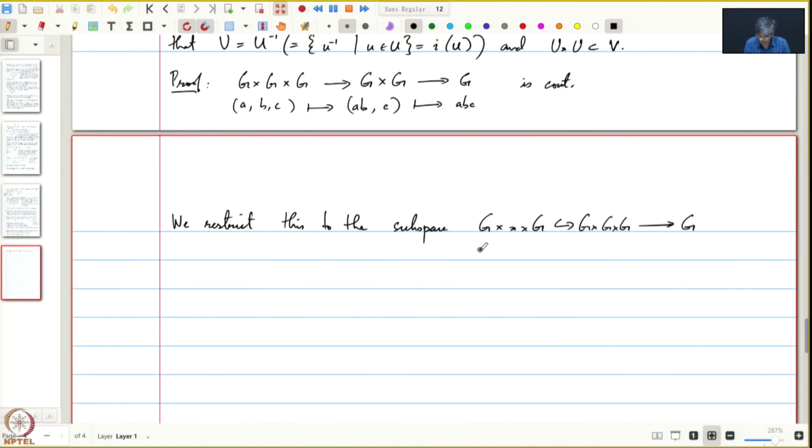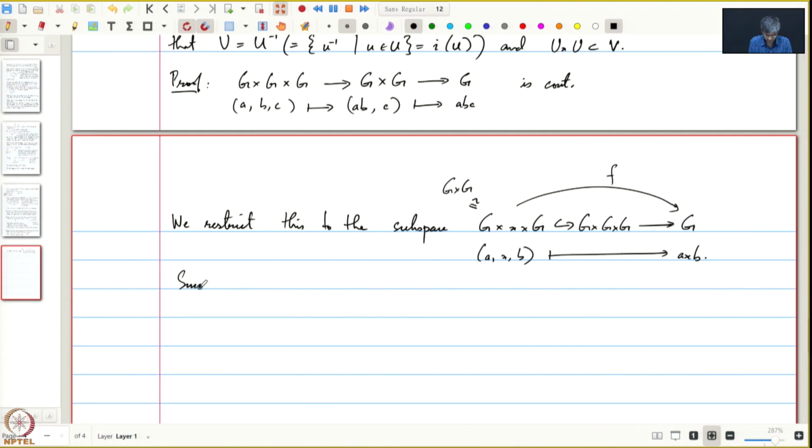So this composite is then A comma X comma B maps to AXB, right? So let's call this composite map F. This is homeomorphic to G cross G, right?